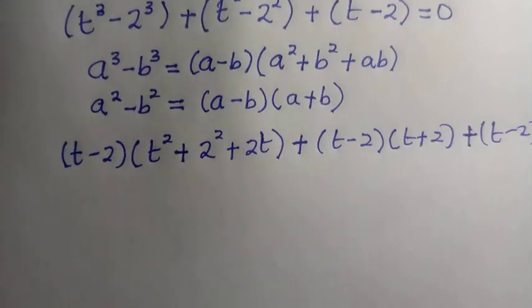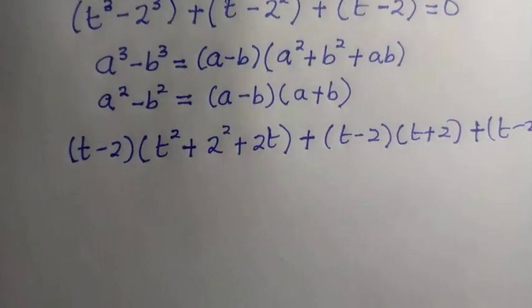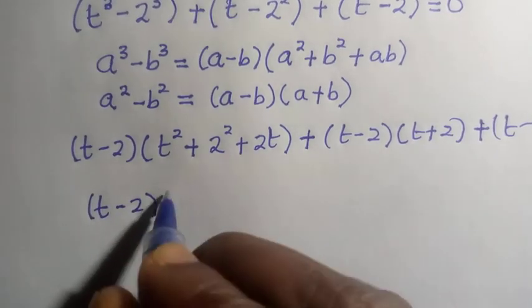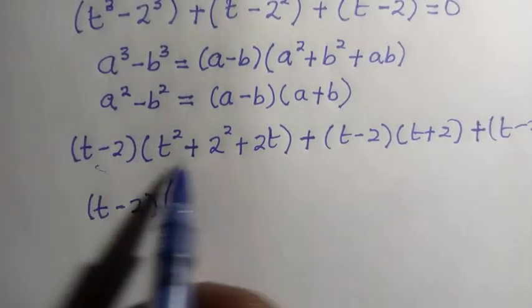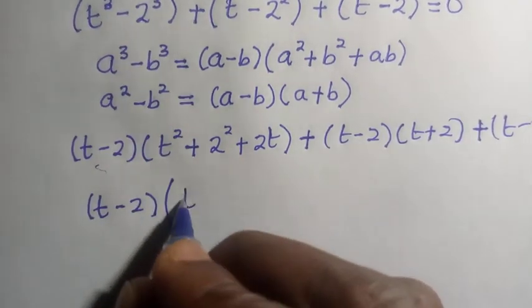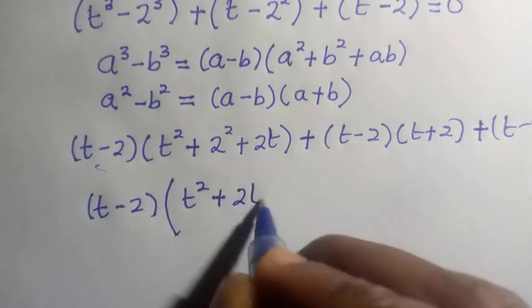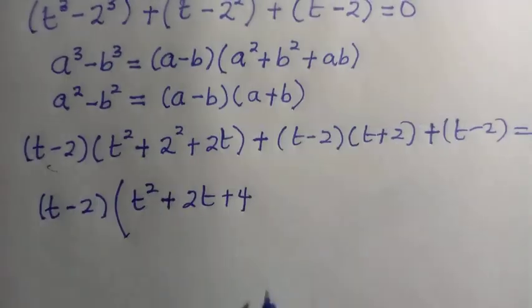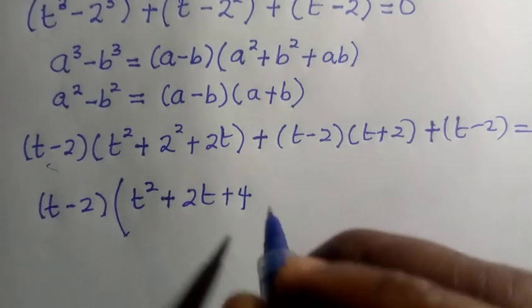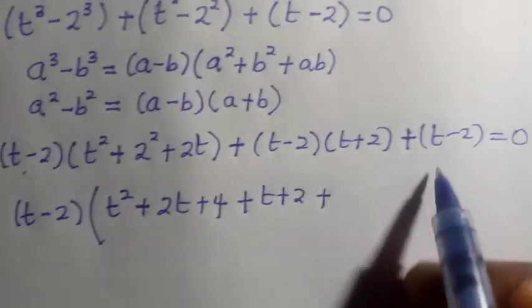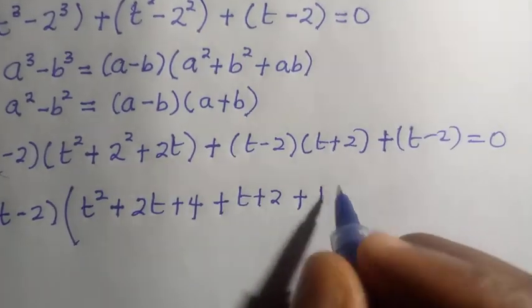When we check this properly, t minus 2 is common to them. By factoring it out and dividing each term by t minus 2, we are left with t squared plus 2t plus 4, then t plus 2, and then 1.